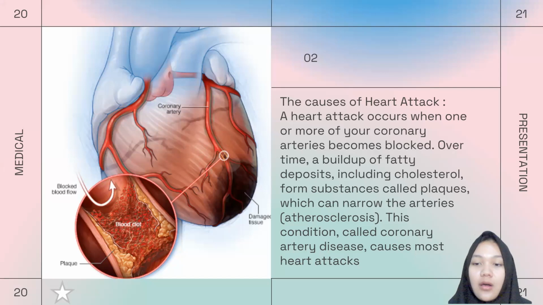This condition is called coronary artery disease, which causes most heart attacks. So as you can see, these are the blood vessels blocked by a blood clot, and then this is plaque, and this is the coronary artery.